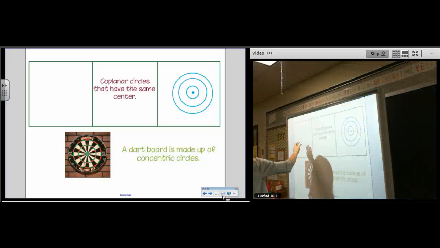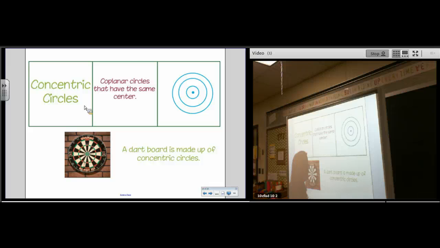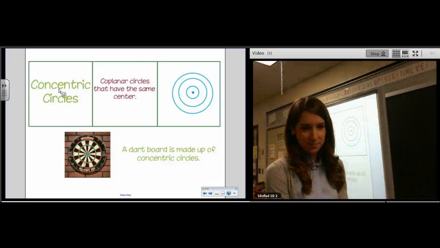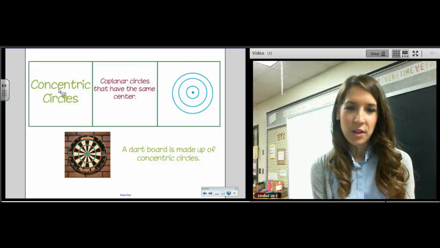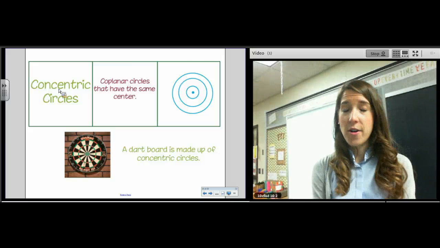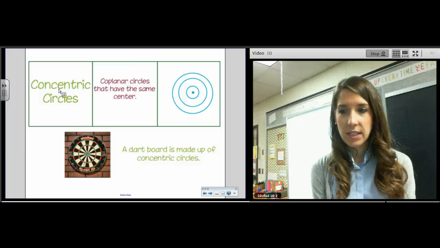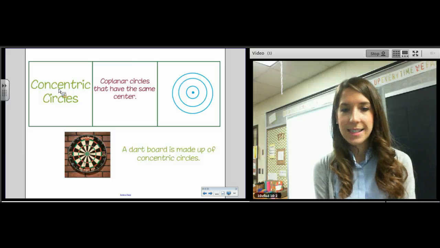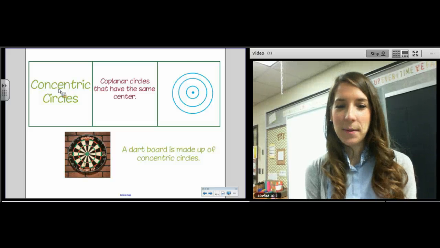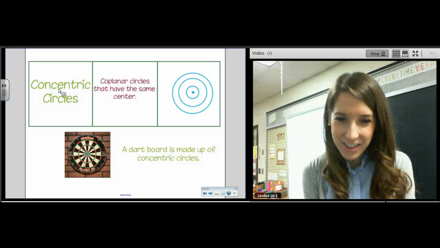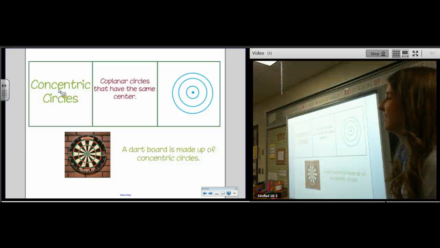Yeah, ripples. You're funny. Concentric circles. That's the name of this one, concentric. Circles with the same center. Now they're not going to have the same radius, but they're going to have the same center. Concentric circles. Practice saying it. Say it 5 times fast. Concentric circles, concentric circles, concentric circles. It's hard to do.